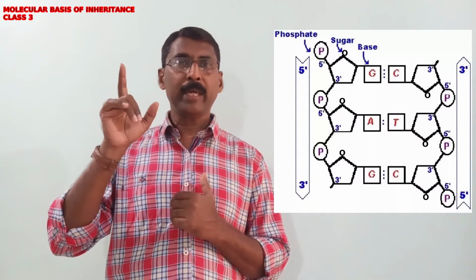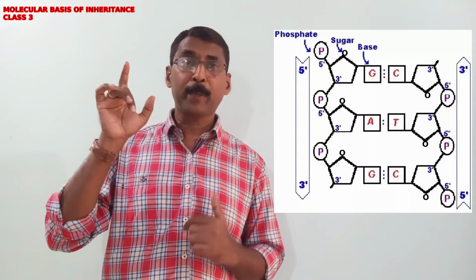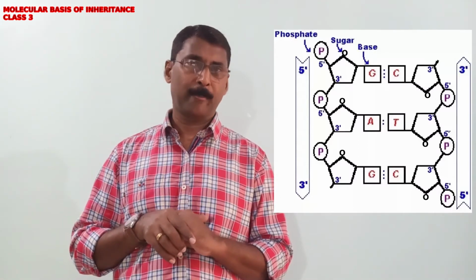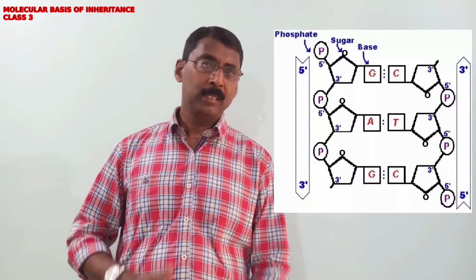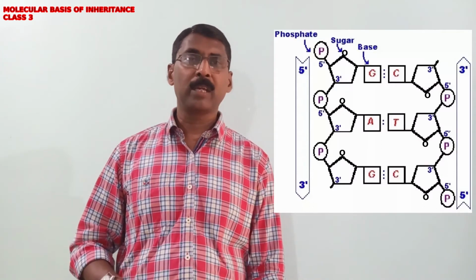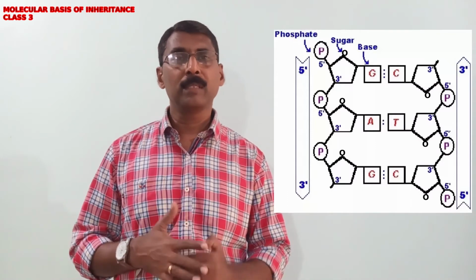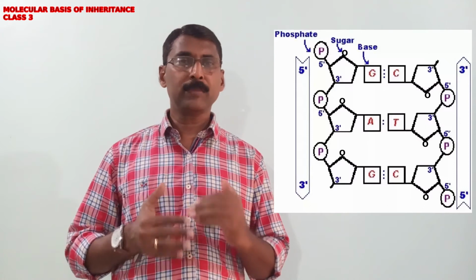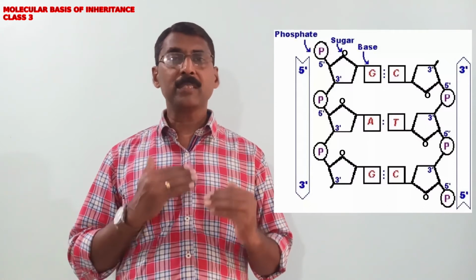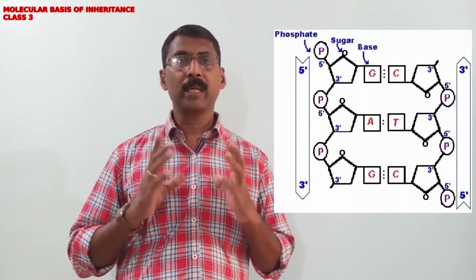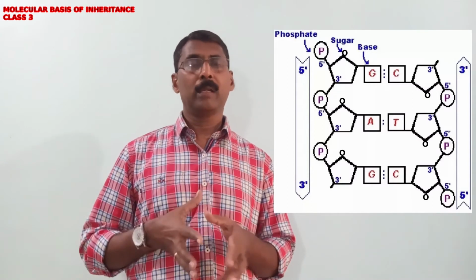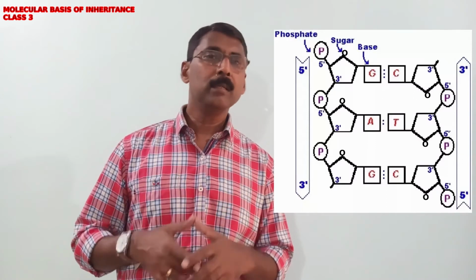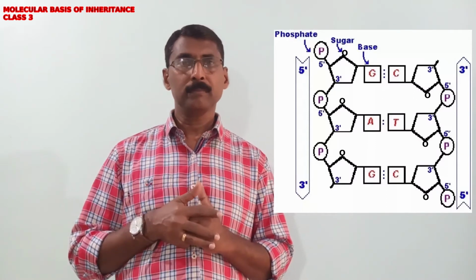The 5' end of one strand opposes the 3' end of the opposite strand. The same way, the 3' end of one strand opposes the 5' end of the complementary strand. So that is why it is called anti-parallel. The DNA strands are anti-parallel. So DNA strands are complementary to each other and they are anti-parallel.